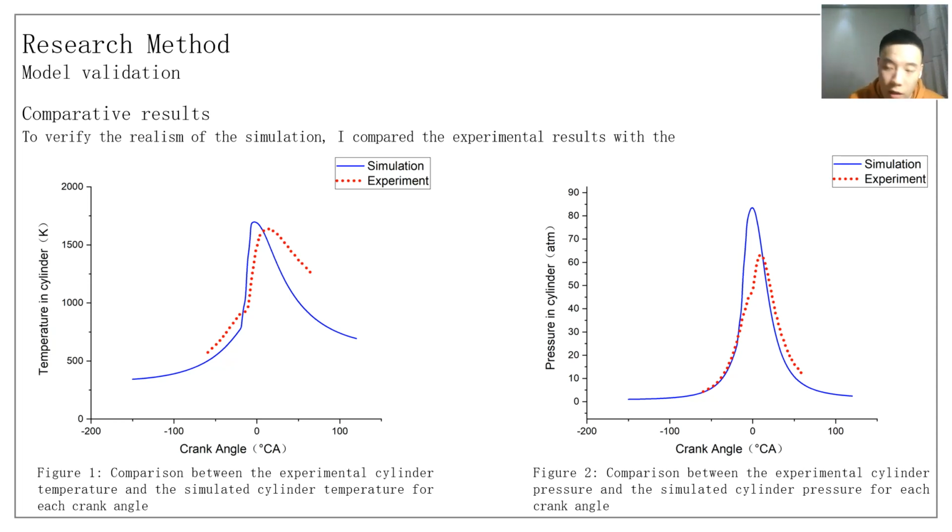The speculated reasons may be that during the experiment, the heat dissipation of the cylinder has deviations from the coefficient set in the model, the actual combustion of the diesel engine is different from the combustion in the model, and there may be errors in experimental measurements, and so on.